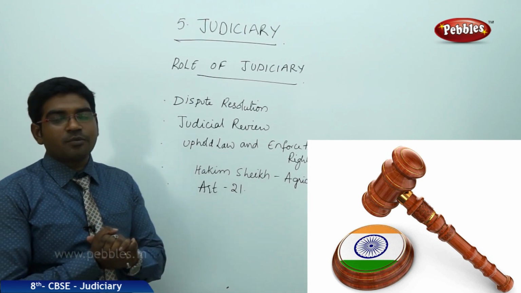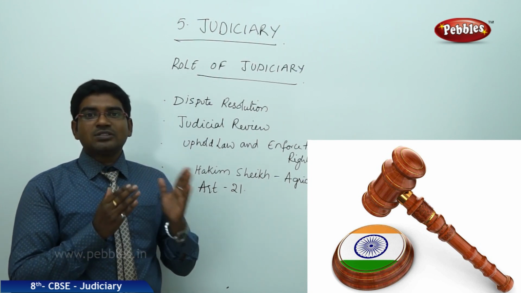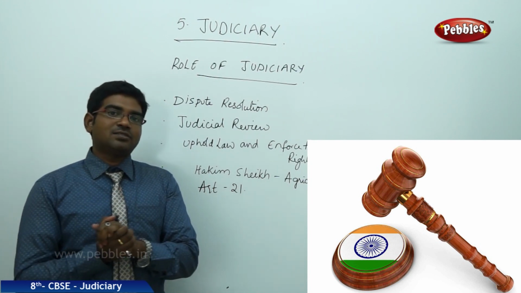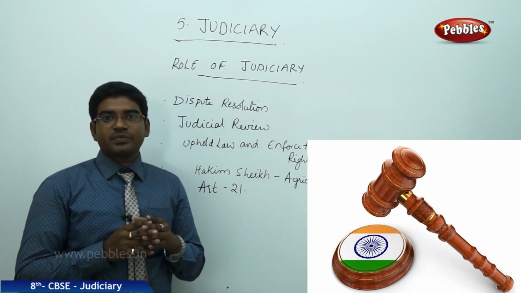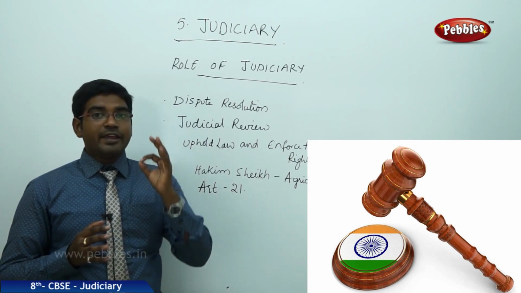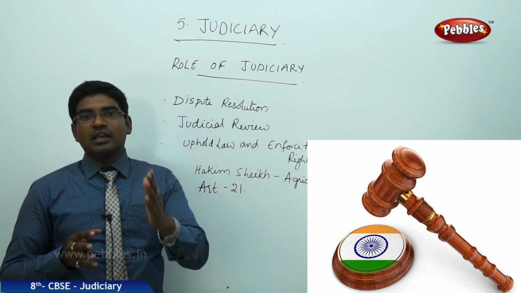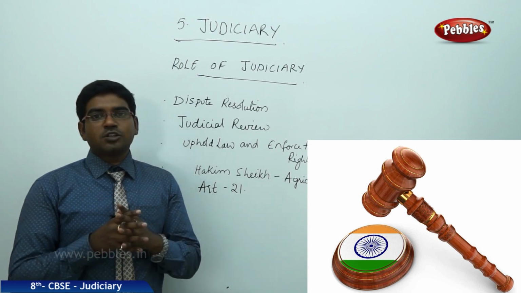As I told you just now, it not only strikes off the laws which are against the fundamental rights. If there is any violation of the fundamental rights happening, the Supreme Court takes the responsibility and ensures that justice happens there. How is it possible?